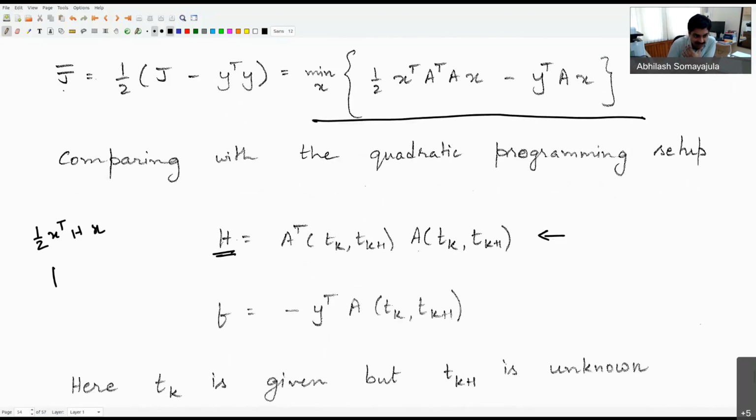And we had F transpose times x, which in this case will be minus y transpose times A. It's just a question of identifying the components for your quadratic programming solver. You have to provide the values of H and F as input to your quadratic programming solver, and then it will evaluate the constraints and come up with a value of x which best satisfies these constraints.